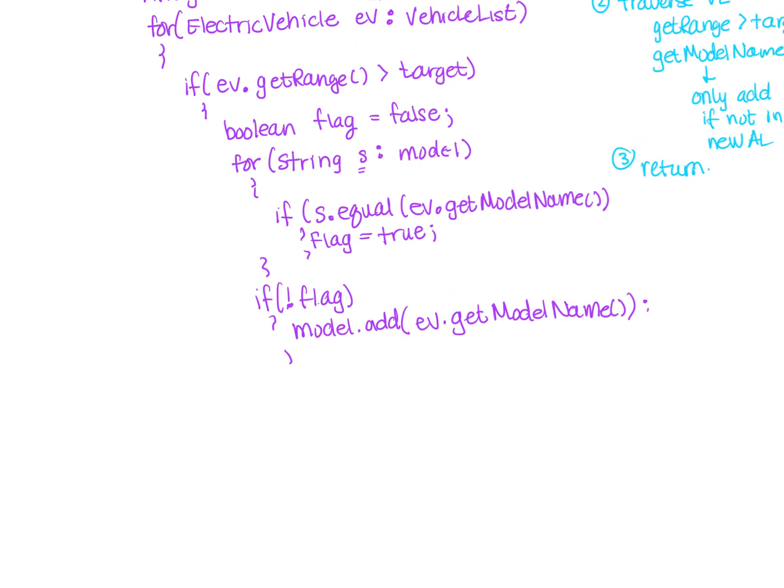That's the last thing we need to do, except we need to return the new list that we created. So we're going to return the model list.